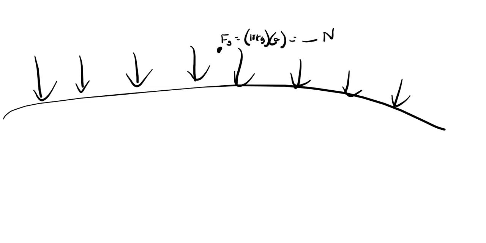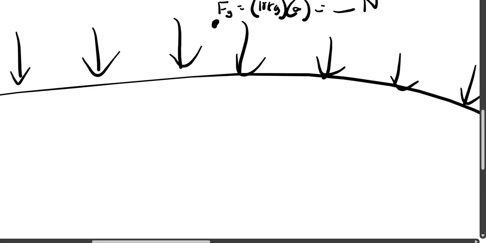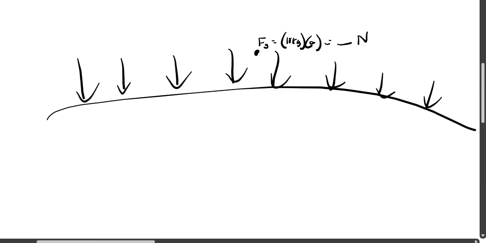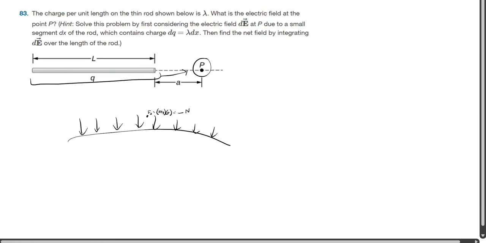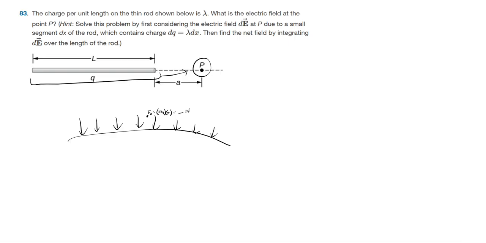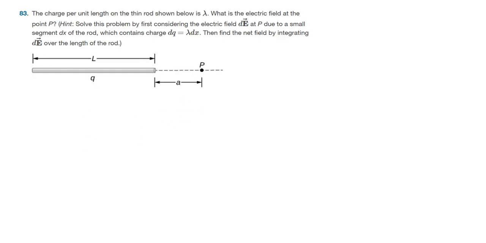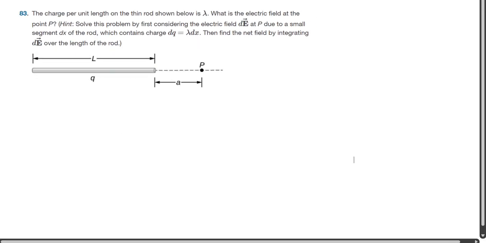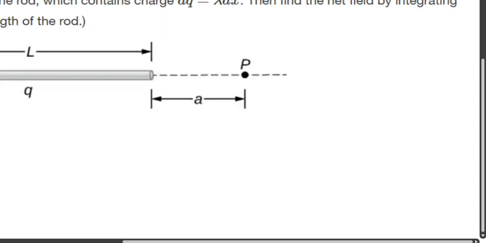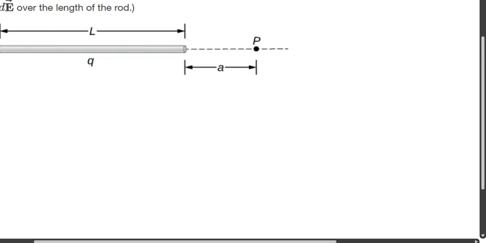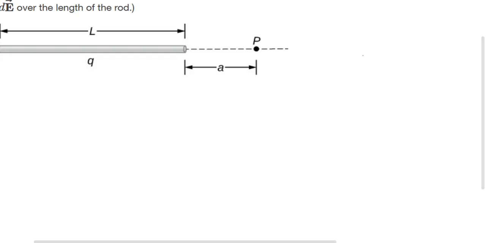Unless I put something into the field that the field can act on, there won't be any force. So the first thing I don't want anybody to confuse is that there will not be any force at point P. There is no charge there for the electric field to act on. There is simply a point located in space and an electric field emanating from this line charge that will pass through P. It's not going to affect anything.